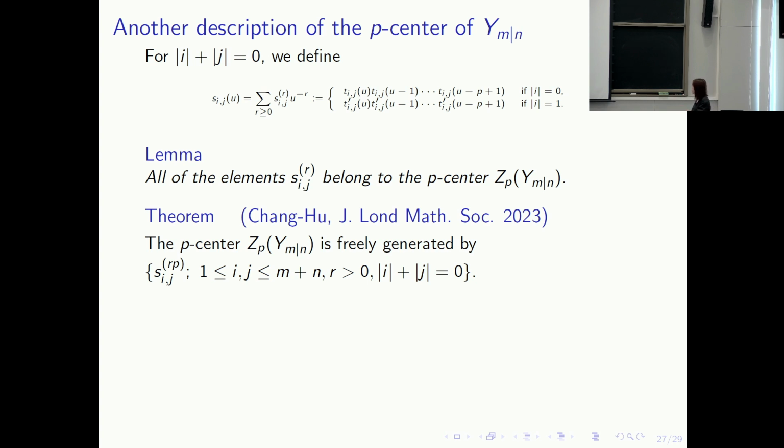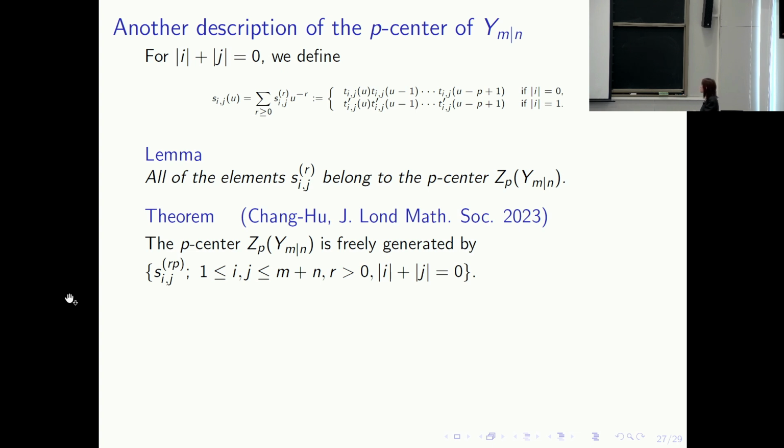In order to do this, for the even element, we can define the formal power series S_ij mu. Notice that the definition of S_ij mu depends on the parity of i.